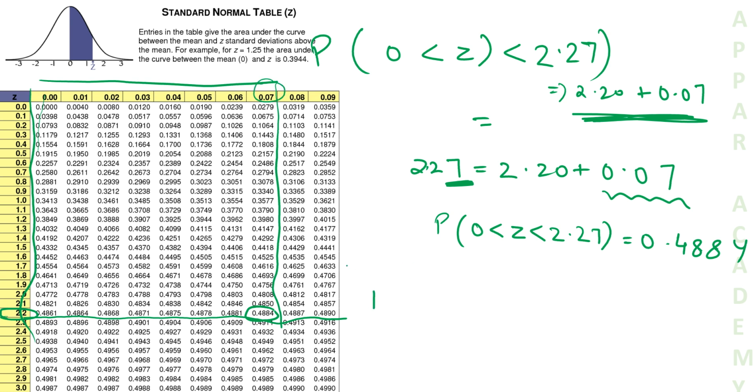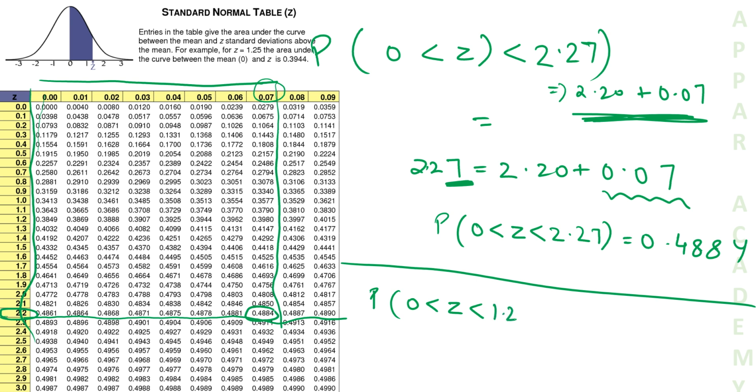Now let's suppose I ask you to find the probability that z lies between 0 and 1.23. How will you find it? We know 1.23 is equal to 1.20 plus 0.03, so one place after the decimal is 1.2. So we take 1.2 as one part and 3 as another. 1.2 we check in the rows, which is over here, and we mark it like this, 1.2.